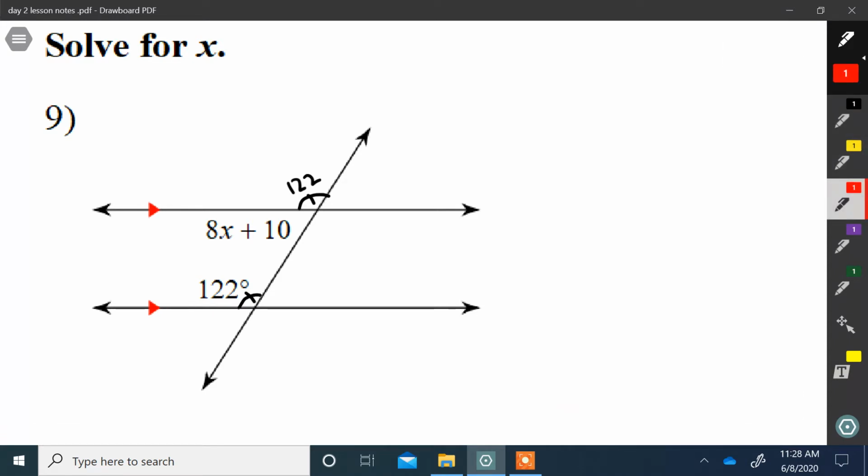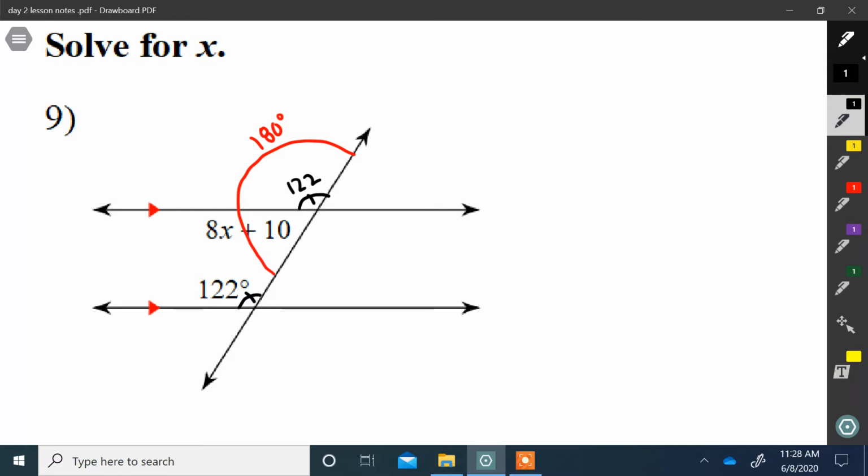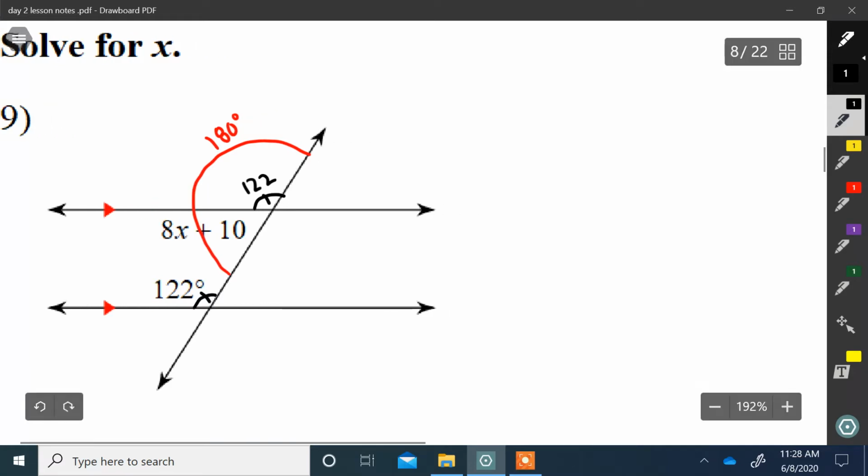So if that's 122, remember, and this is very important, that all of this is 180 degrees. Those are what we call supplementary angles. So what does that mean?